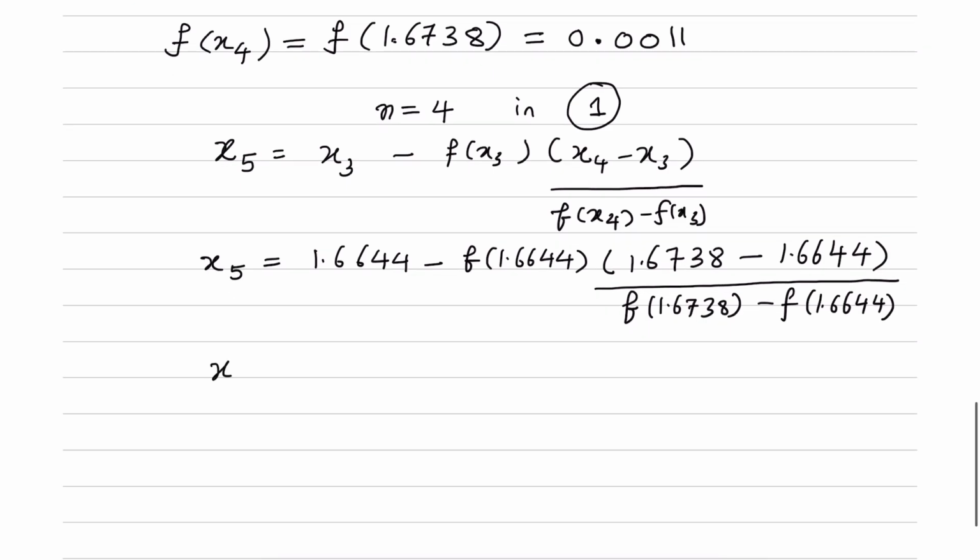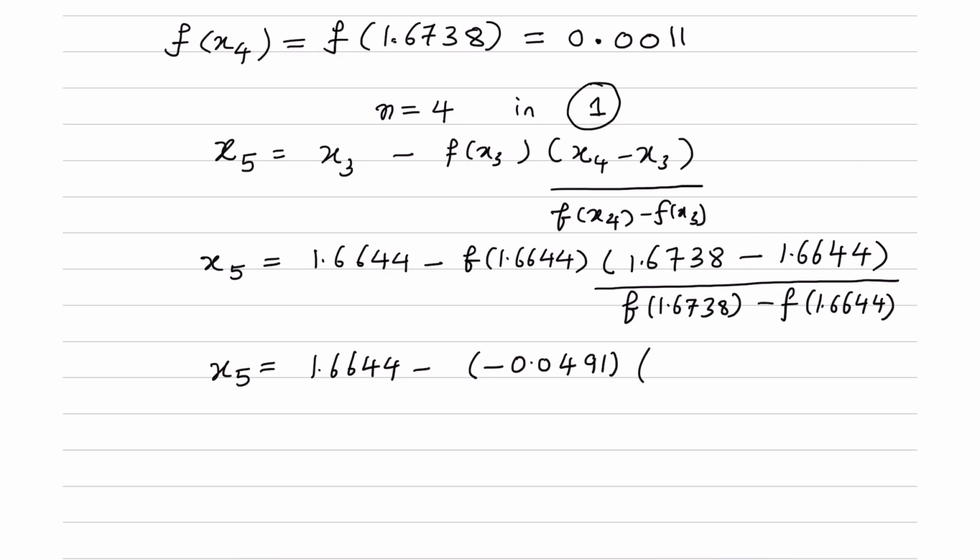So for x5 we have 1.6644 minus f of 1.6644, which is minus 0.0491.